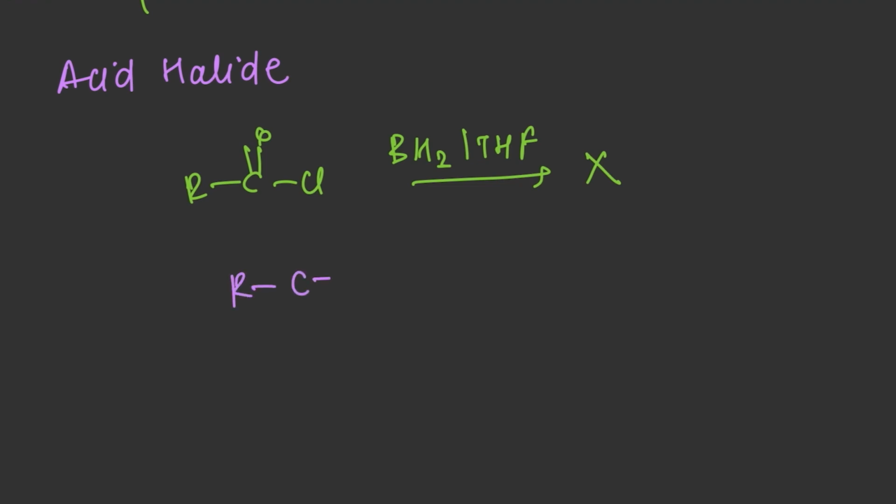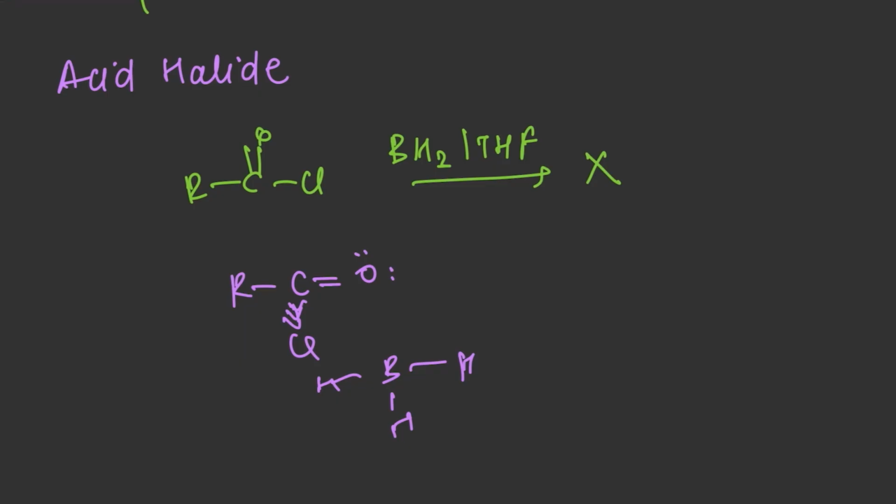And we have RC double bond O Cl. So first it would attack the BH3, that's how it used to attack first. But what happens? Chlorine pulls all the electron density towards it.